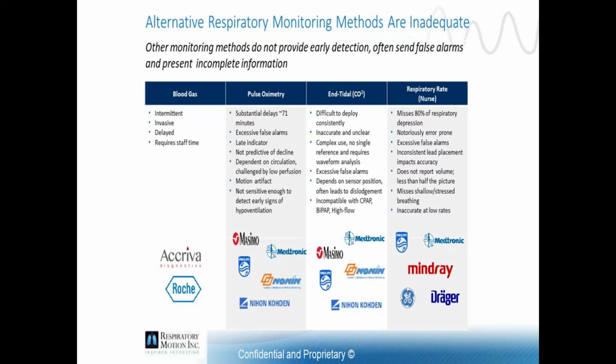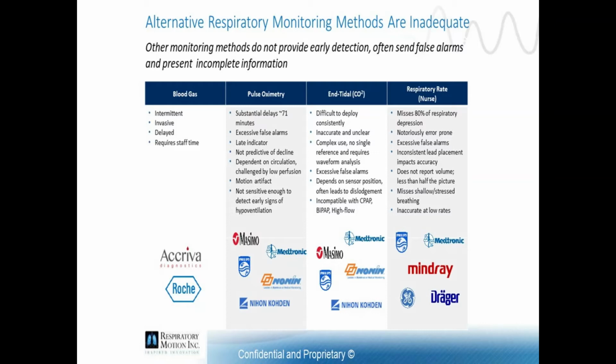Pulse oximetry was introduced in the 1980s, and we thought it was going to be the answer to preventing respiratory failure and arrest. But as it turns out, it's a late indicator, so it only alerted staff when the patient was far down the spiral toward respiratory failure, and it has also been plagued by many false alarms. This has been especially a problem on the hospital floor with alarm fatigue.